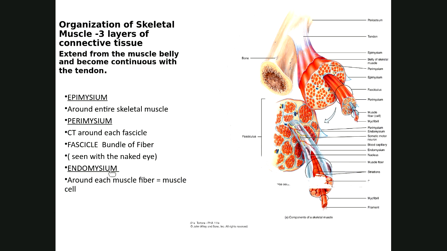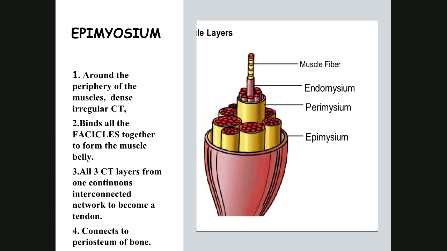So let's look at this in greater detail. Around the whole outside of the muscle is the epimysium. It's made up of dense, irregular connective tissue, and it binds all the fascicles together. These are fascicles, or bags of muscle cells or muscle fibers.